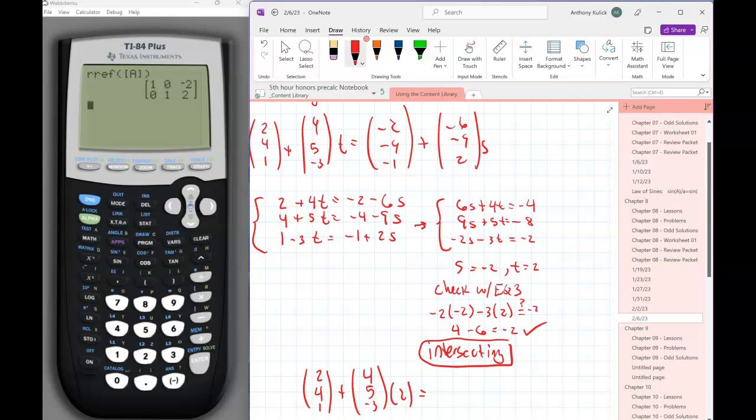So 4 plus 2 times 4 is 8, 10. Yikes. 4 plus 5 times 2 is 14. 1 plus -3 times 2 is -5. So my point of intersection would be 10, 14, -5.